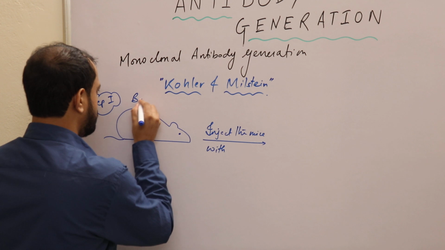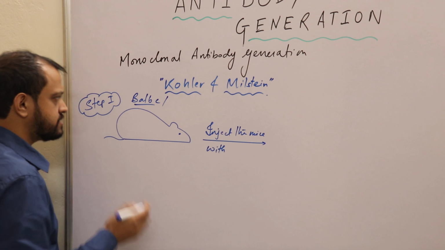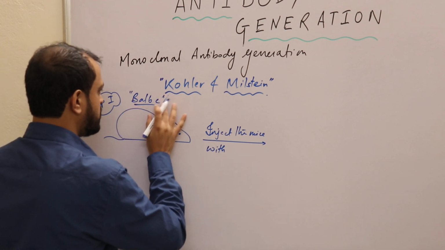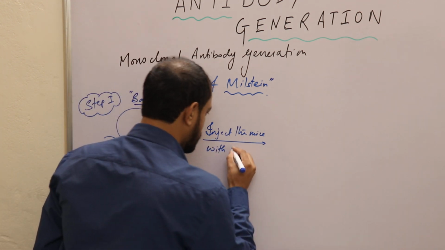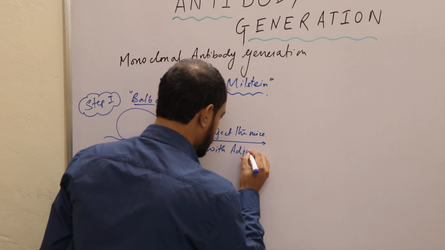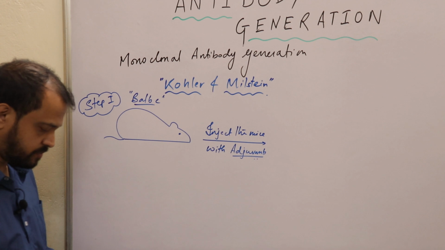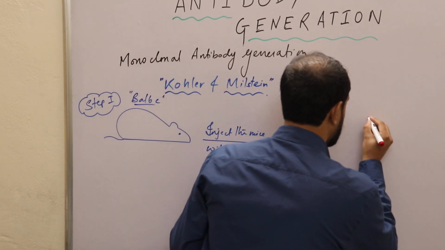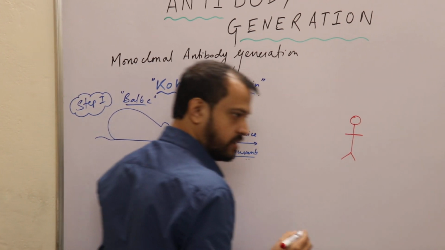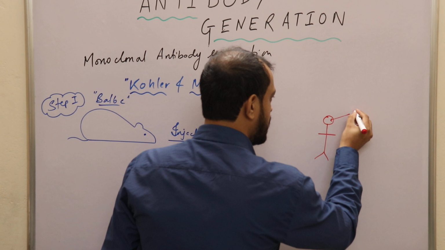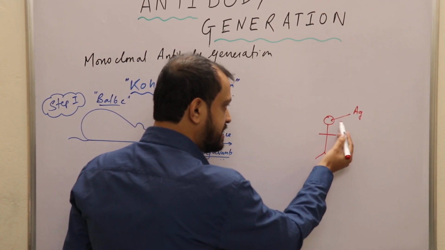Now there are many types of mice, like BALB/c mice or something like this. These are experimental mice. Now inject the mice with adjuvants first. Understand this very basic thing. What is an adjuvant? Suppose this is an animal and you introduce an antigen into this animal's body.